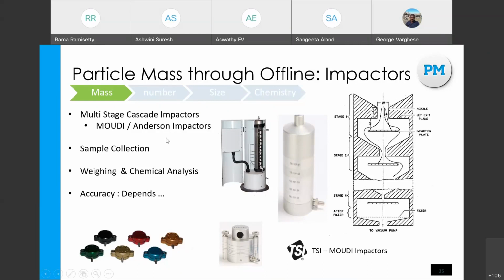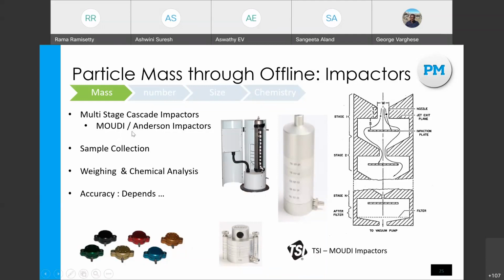We have two different types, either Marple impactors or Anderson impactors. In the Marple impactors, the cut size and collection of the particles are very accurate compared to the Anderson impactors. For example, if two particles of 5 microns and 6 microns come at a time, there might be chances that both settle at one stage. But we call that a cut point.